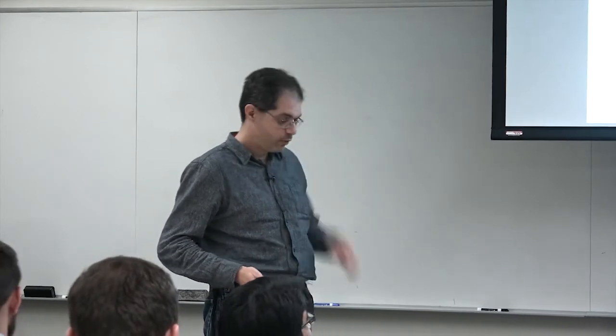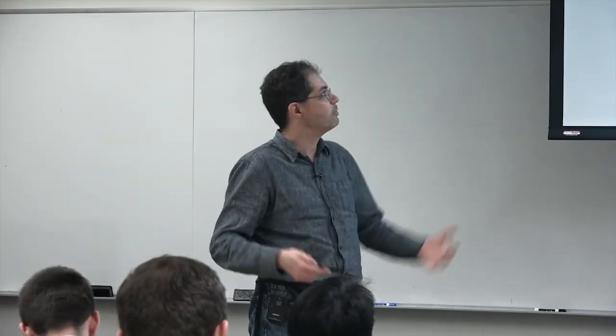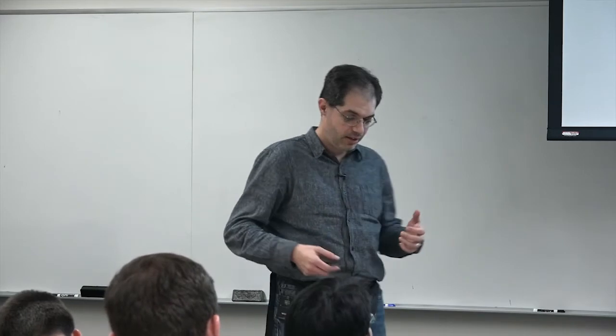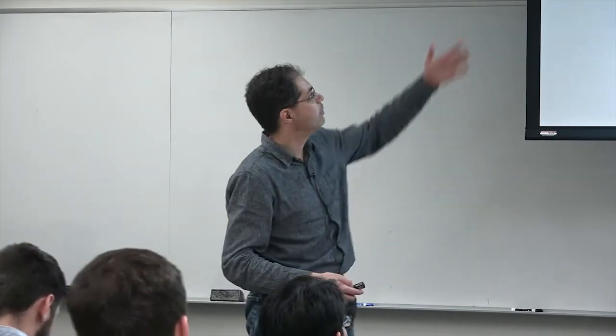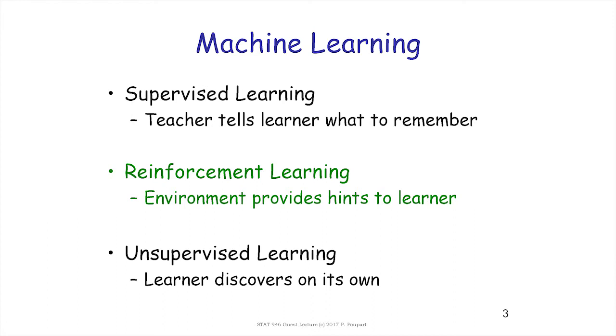Okay, so first, let's go back to what is machine learning. I'm assuming that in this course, since it's a course about deep learning, you've seen already plenty of techniques, and most of them are probably falling under supervised learning.